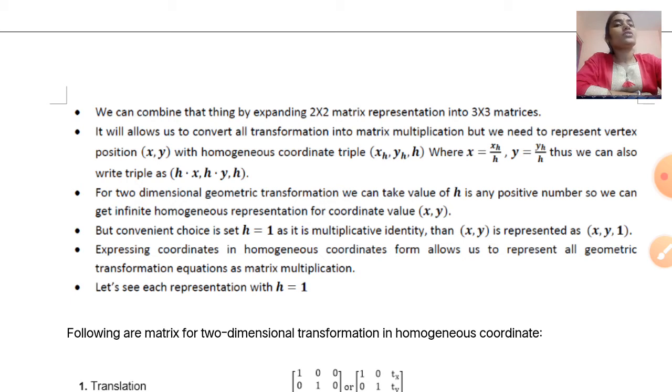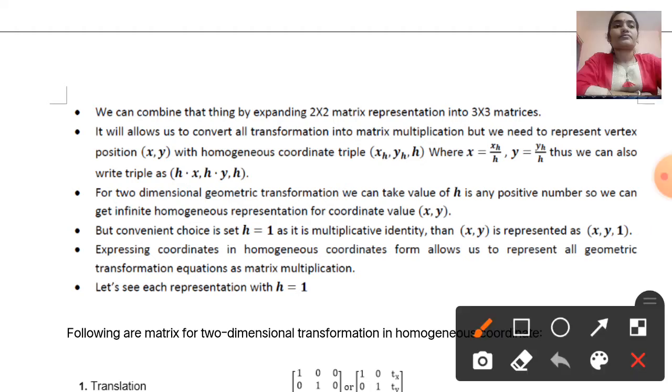But we need to represent vertex position x y with the homogeneous coordinate triple xh, yh and h, where x equals xh by h and y equals yh by h.